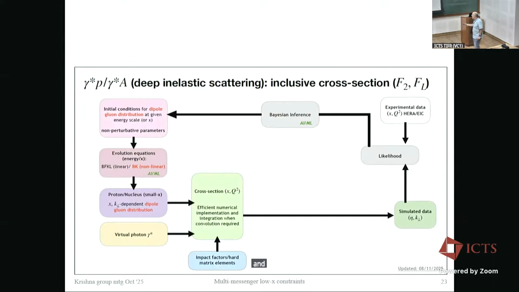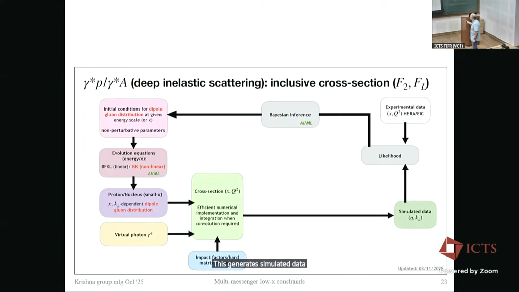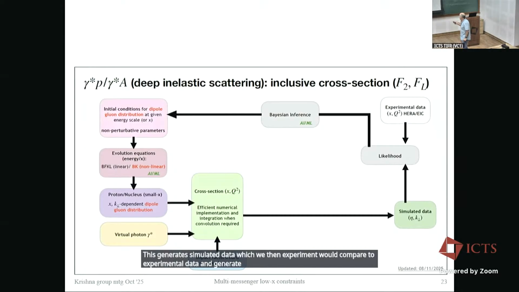Then we turn the crank on that and we get some dipole-gluon distributions, we hit them with a virtual photon, and we calculate some cross sections. This generates simulated data, which we then compare to experimental data and generate a likelihood, and then we do the Bayesian inference exercise. So that sounds simple.